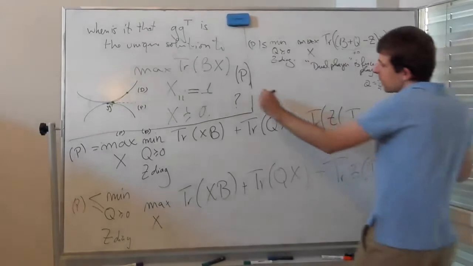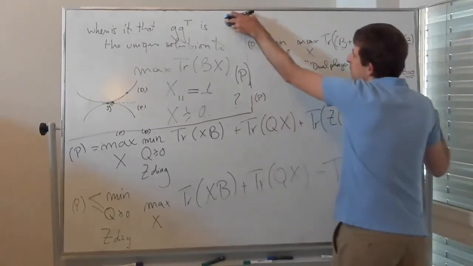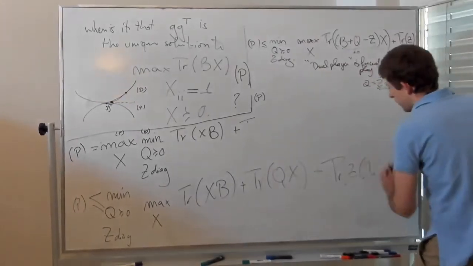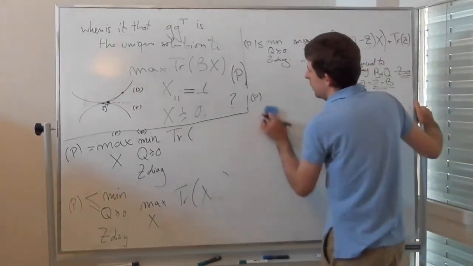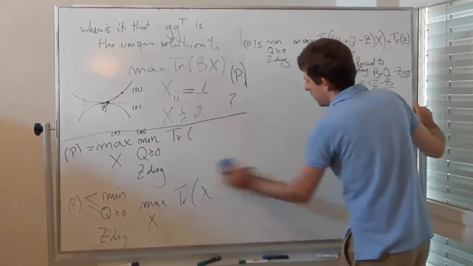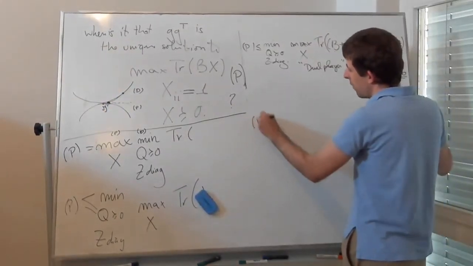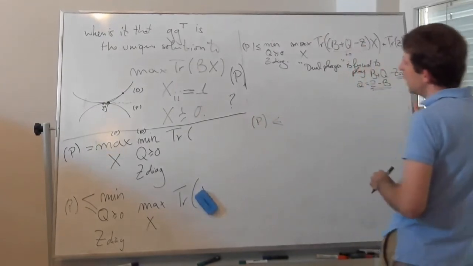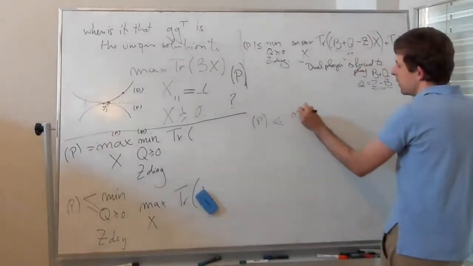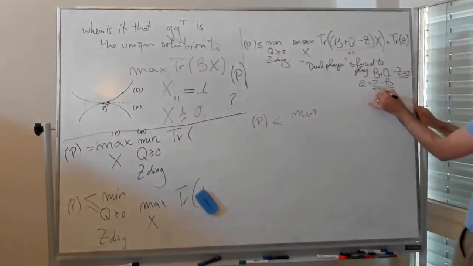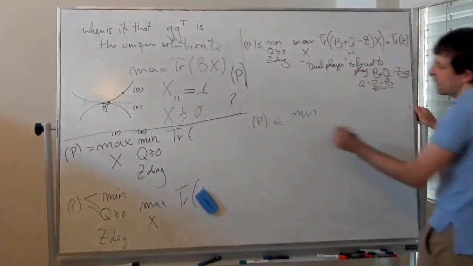And so we can think of what the primal player is doing. Let's see if I write here. So we have that P is smaller or equal. Then what is the dual player doing? Just playing the minimum. There's really one thing they can decide, which is Z, since Q becomes decided immediately.